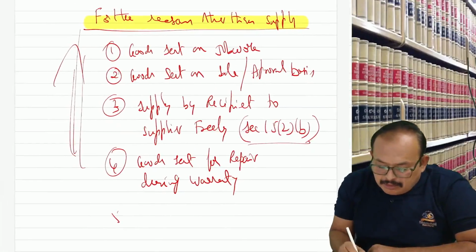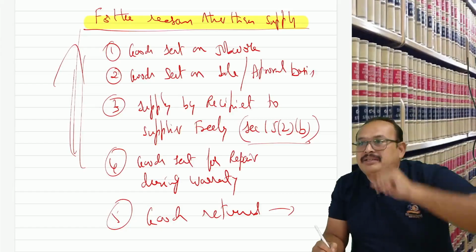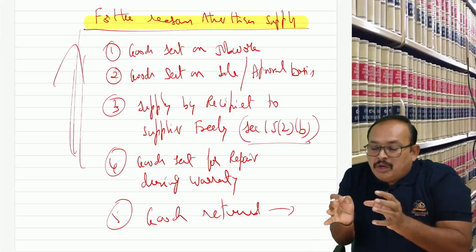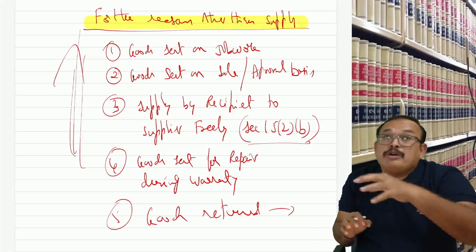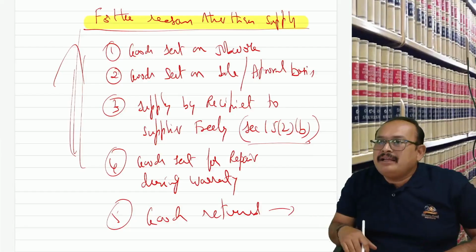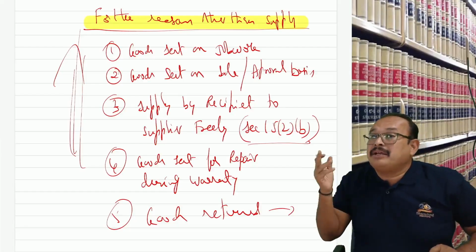Goods returned also, for a reason other than supply. It is goods movement, but that movement of the goods does not amount to supply. All will be called supply for reasons other than supply.